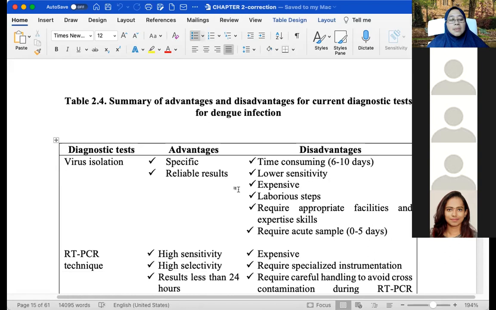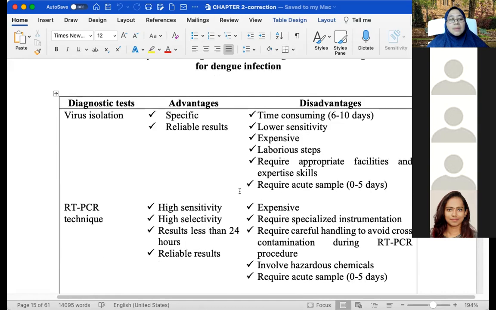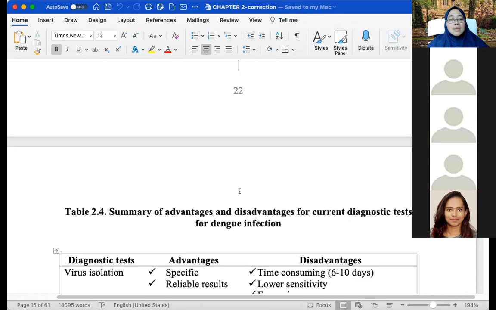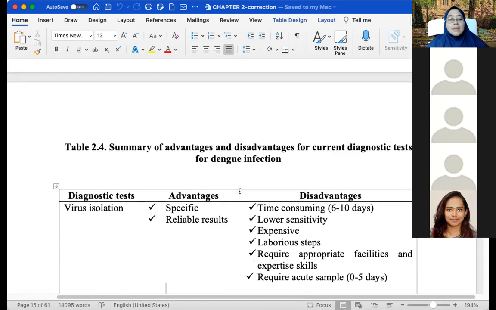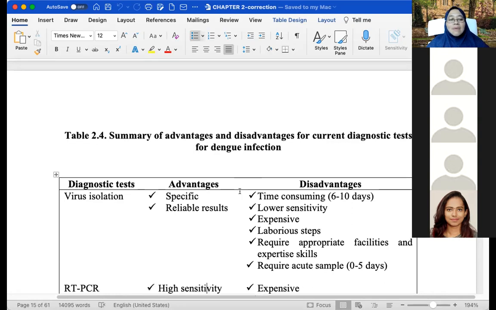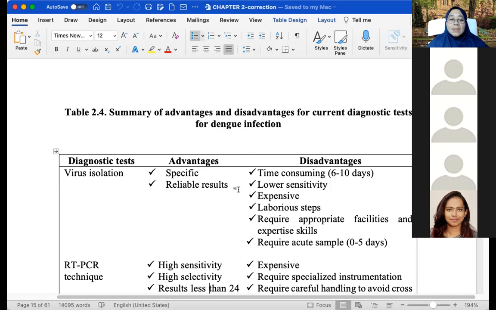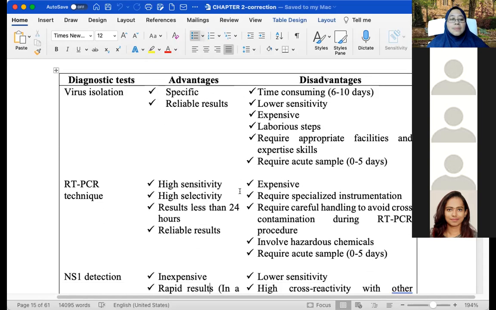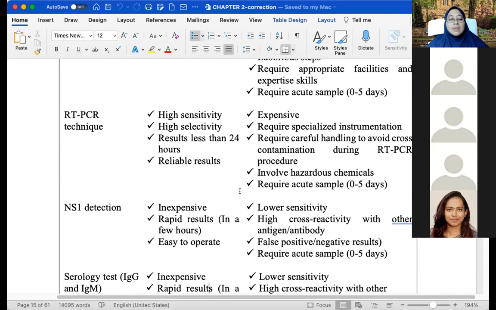This is because you want to justify your proposal. So he mentioned the advantages and disadvantages. This comes from him, meaning that from all the reading he has done, he concludes the advantages and disadvantages of the diagnostic methods and makes comparisons.